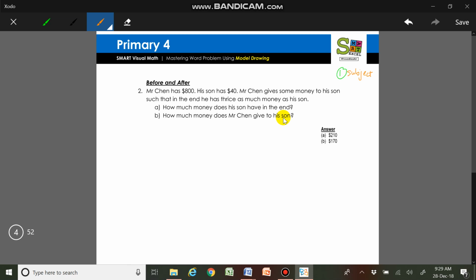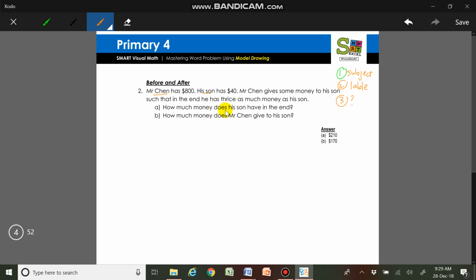In these particular questions, they talk about Mr. Chen, the father, and the son. Two, in these questions we need to draw two models. Then number two, we have to label, means every information given in this question we need to label it in the model itself. And lastly, number three is the question mark.